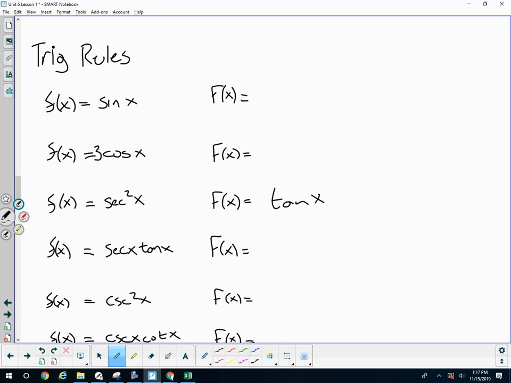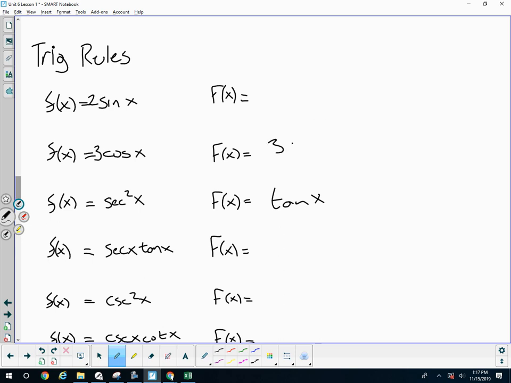Now, I'm going to throw some numbers in there. If you see a number before the cosine, the antiderivative of 3 cosine x is not 3x sine x. We know that's not right because I'd have to use the product rule because of the 3x and the sine x. Constant, just leave alone. If I have 3 cos x, I know the derivative of positive sine is positive cosine.